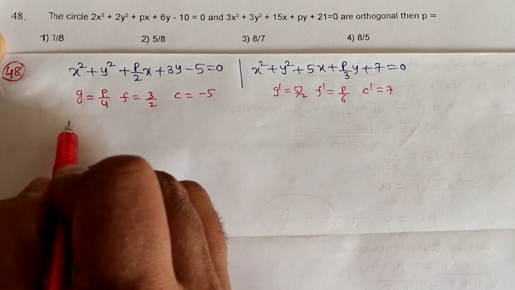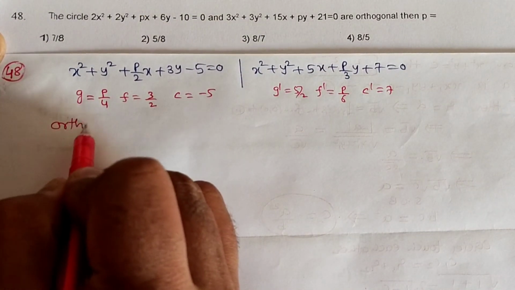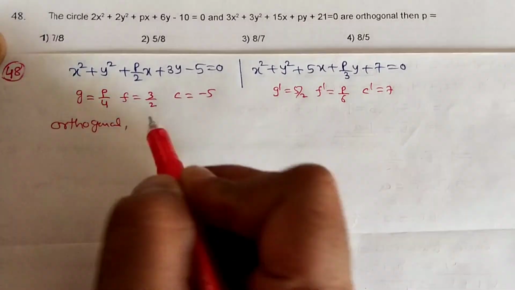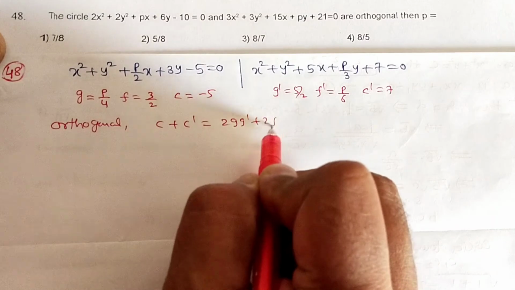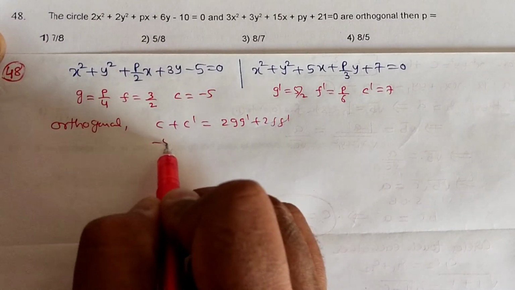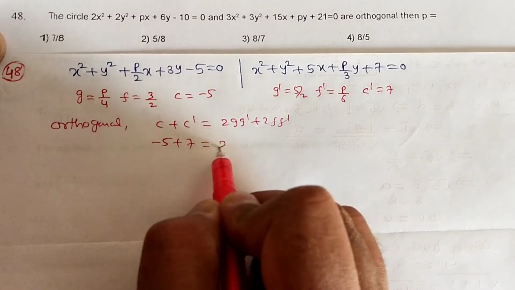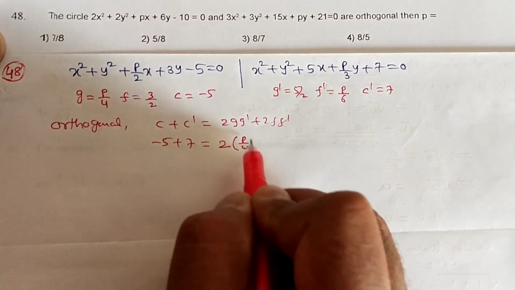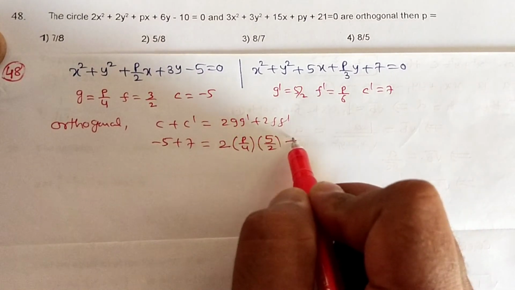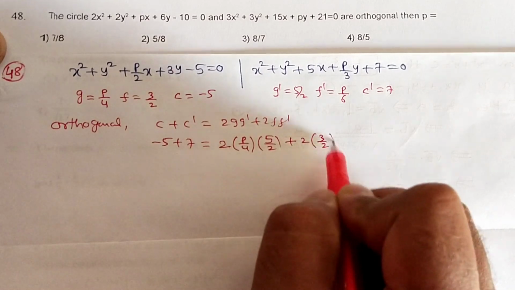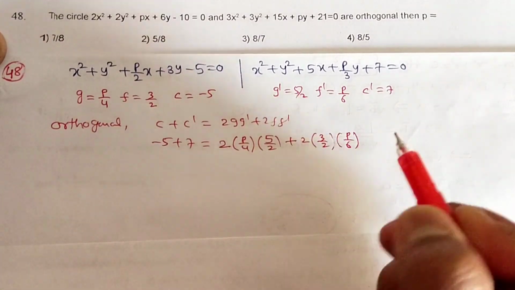Since the circles are orthogonal, C plus C dash equal to 2gg dash plus 2ff dash: minus 5 plus 7 is equal to 2 into p by 4 into 5 by 2 plus 2 into 3 by 2 into p by 6.